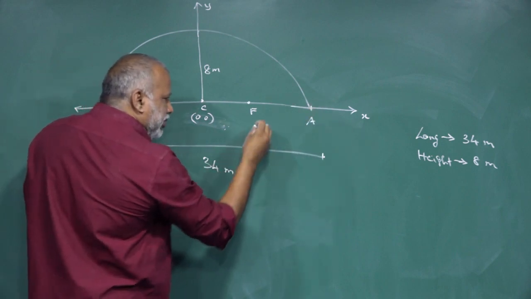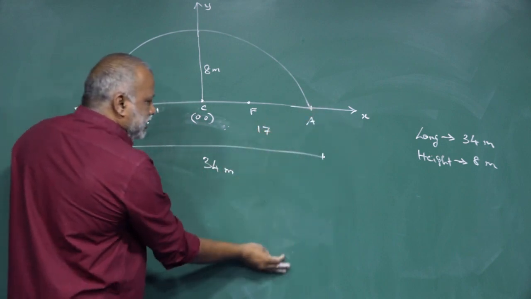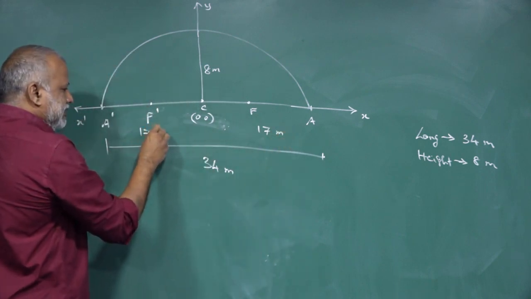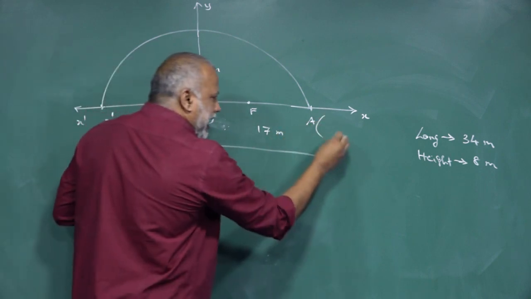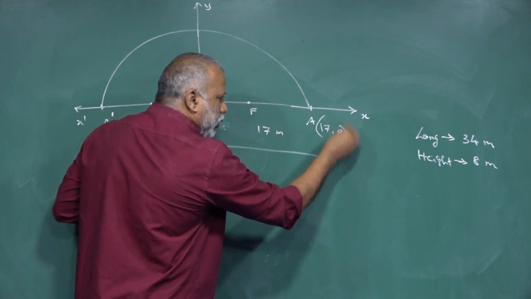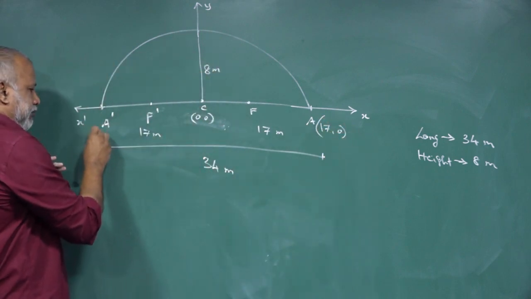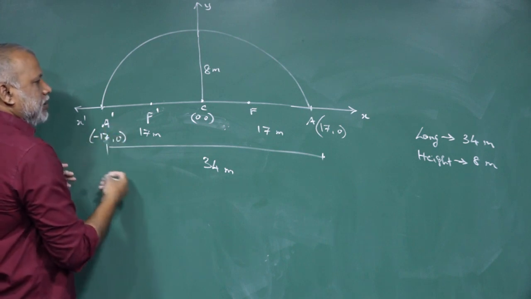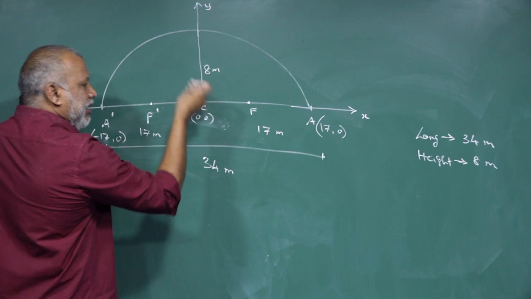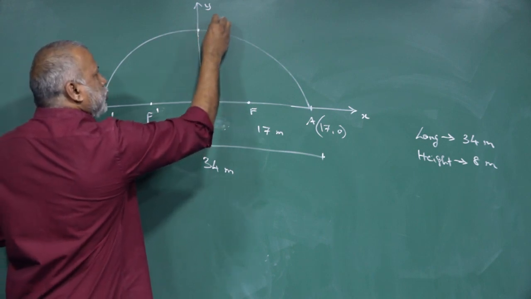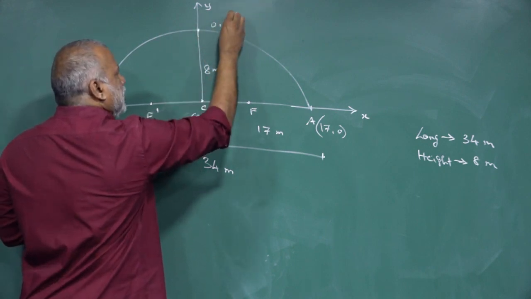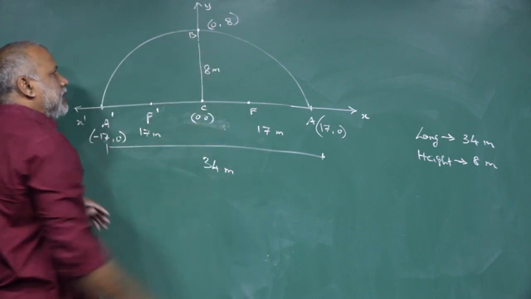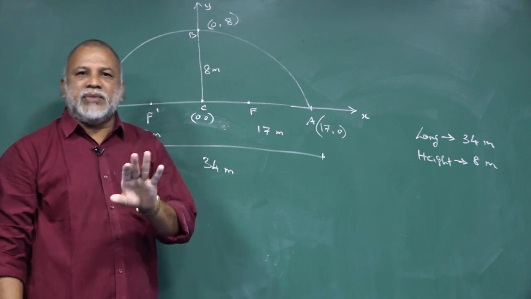Half of the portion is 17 meters, and here also half of the portion is 17 meters. So A is (17, 0), and A dash on the other side is (-17, 0). See here, the 8 meter height from the center should be on the y-axis, (0, 8). Consider this point B. So (0, 8). These are the data.